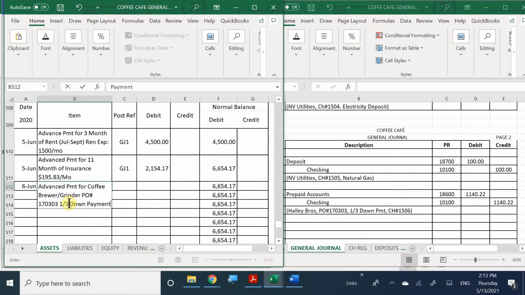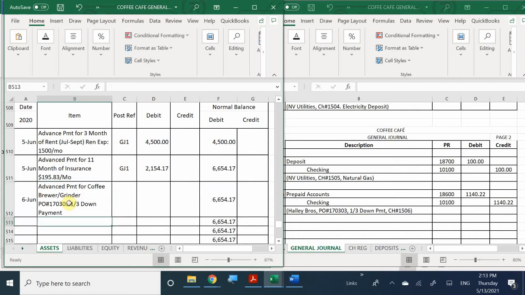So there you go. Advanced payment, whatever you'd like. Okay. I made mine real detailed so that I know exactly what is going on. And where did I have this transaction? On general journal number 2.